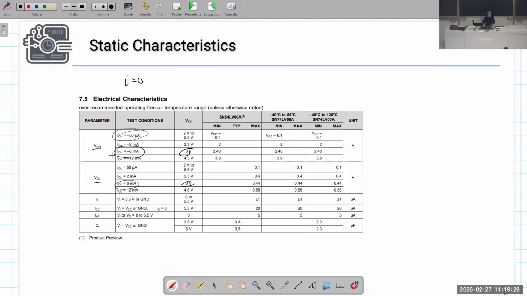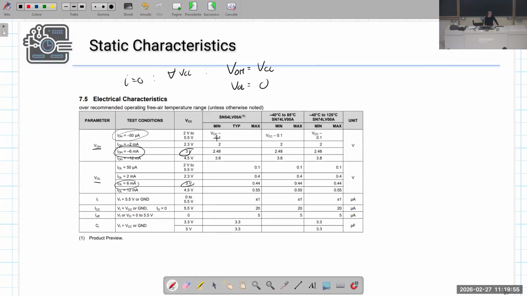If there is no current, the high level corresponds to VCC, the low level corresponds to 0. For I equals 0, for any VCC, VOH is VCC and VOL is 0. This is what I am assuming here.